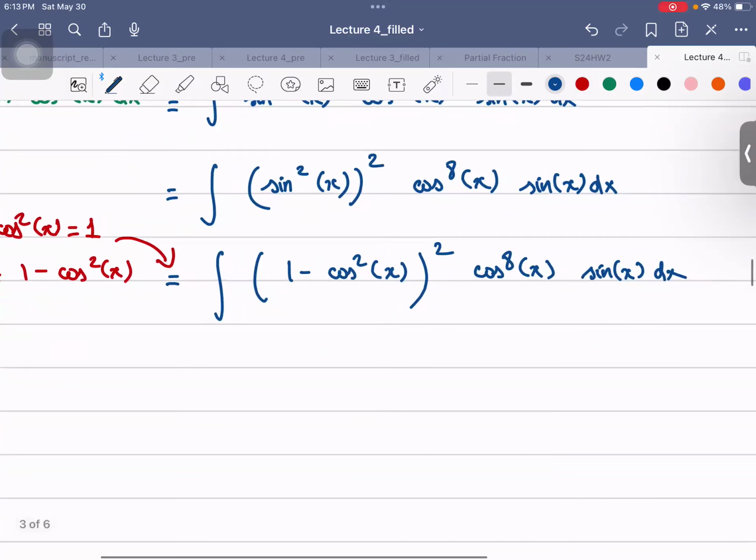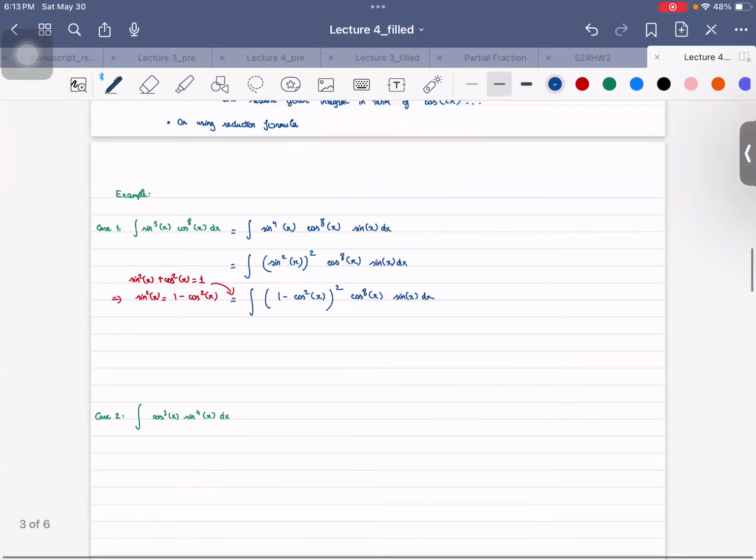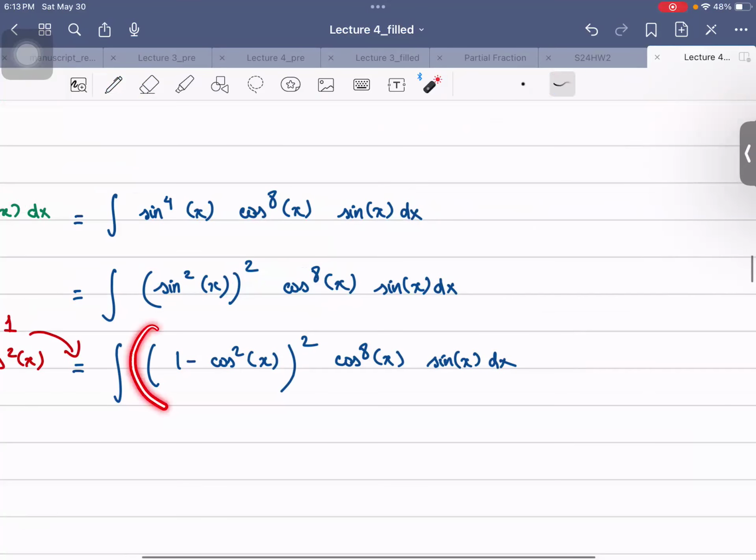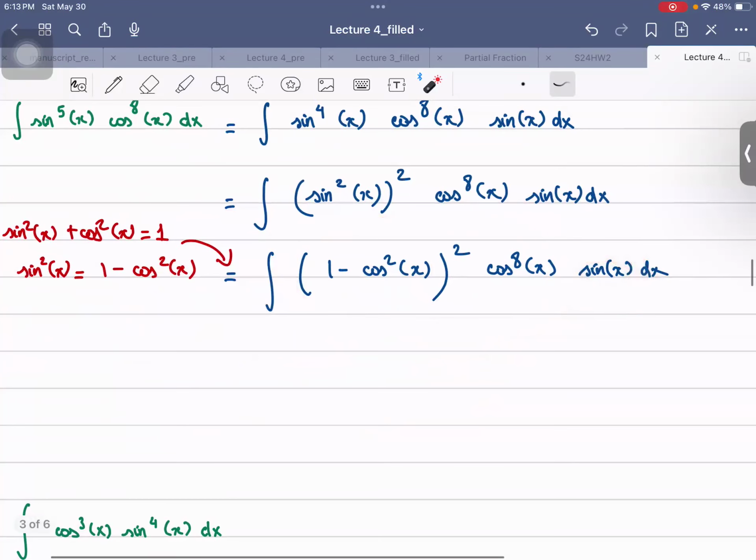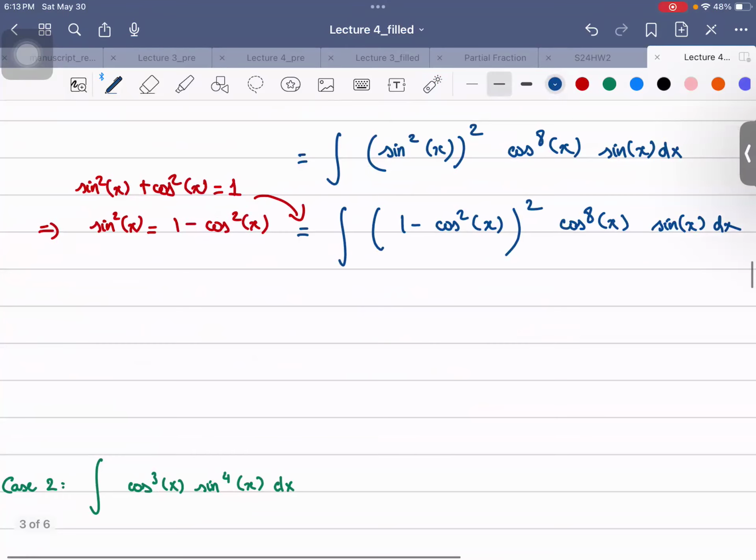Now I expand my integral. Sorry, let me do the u substitution. This part is a function in terms of cosine, and this is the sine of x. So we're going to use the substitution method.